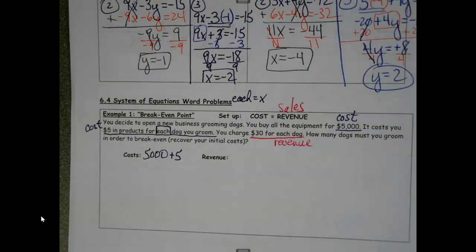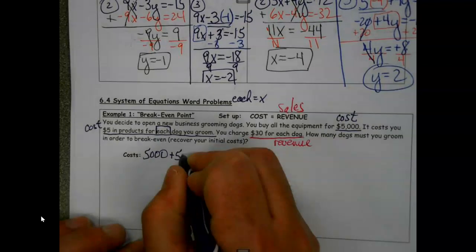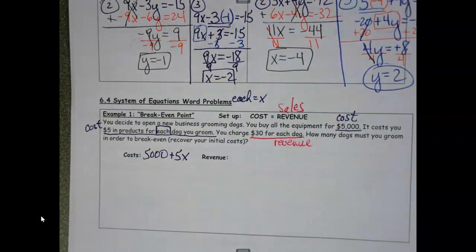That's an X, because whether you groom 1 dog or 50, you're spending $5 in products each time. So when we see that each value, we've got to put an X with it. You bought the equipment for $5,000. I don't have to do that every time, I do that once. That's why that doesn't get an X. So my costs are $5,000 plus 5X.